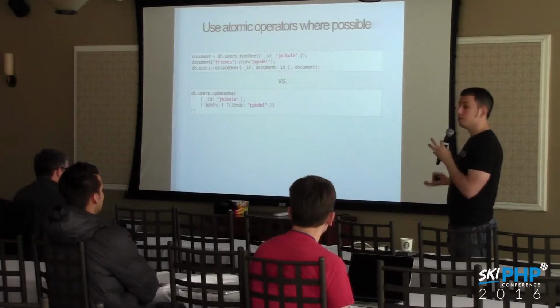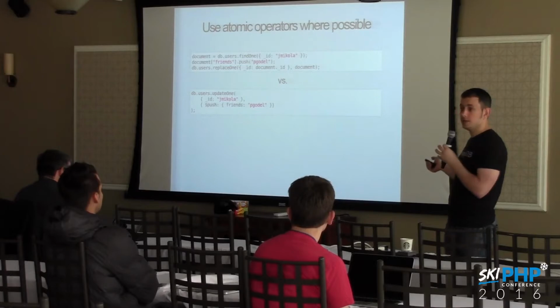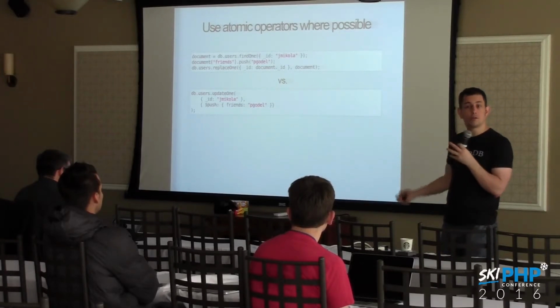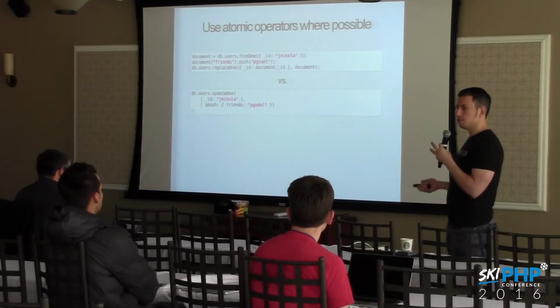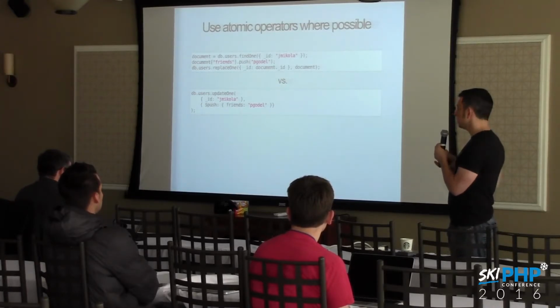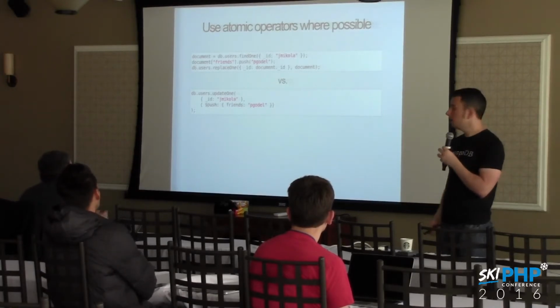On that note of why you generally don't want to replace things, this is the example I mentioned. If I'm finding Mikola and I'm pushing Pablo Vidal into my friends list and I replace the entire document, if there were two of these happening simultaneously, one's going to overwrite the other. Whereas internally, MongoDB will let me use these operators and send a write that just basically sends the append-to-the-array command over to the database.